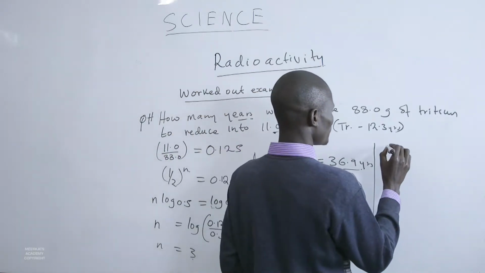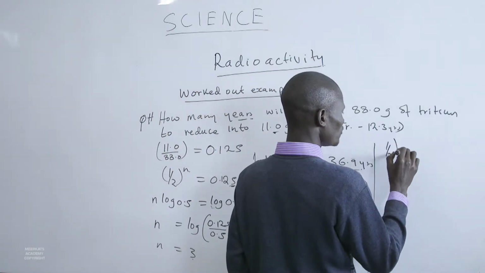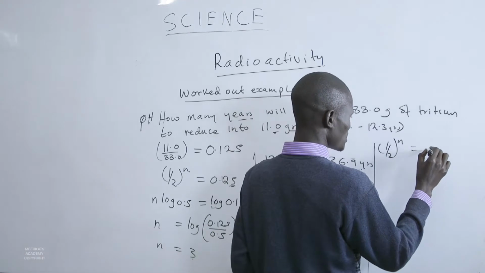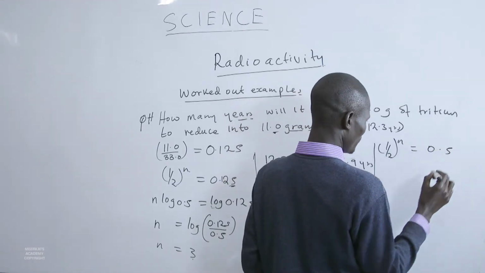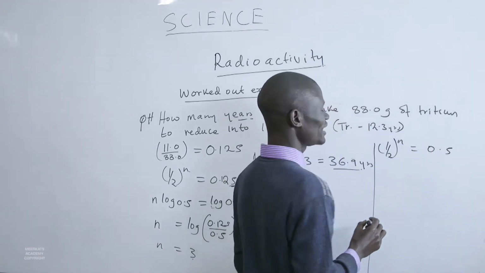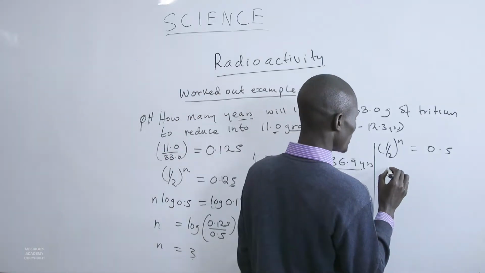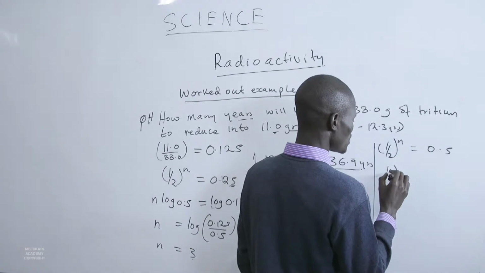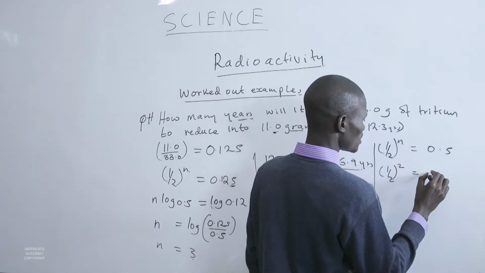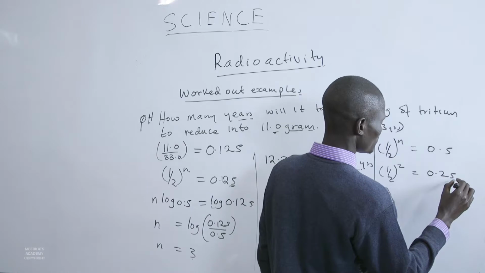That is a half-life. Therefore, when we have to bear this one in mind, always the first is 0.5. And then the second is 0.25.